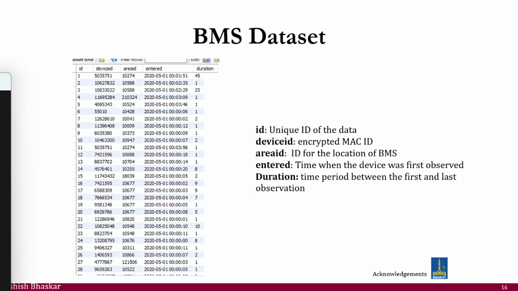They're at the congestion pricing locations, like in London. They're almost everywhere, capturing the number plate. Number plate has a direct relationship with the ownership. There is a database which can link your number plate with who is the owner of the car. But there is no such direct relationship between a MAC ID and the owner.